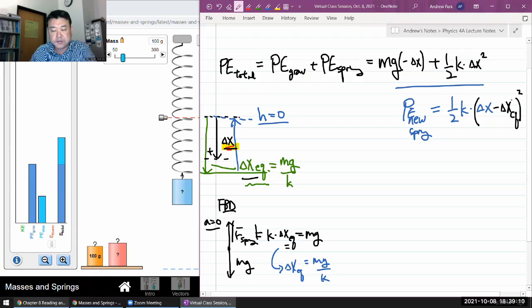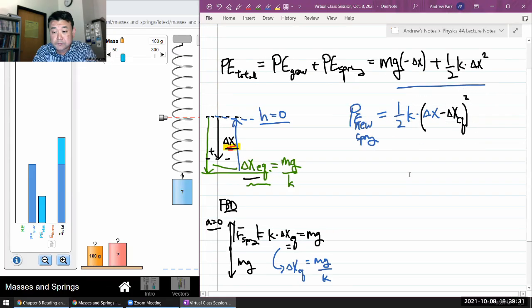And then the square is still there. And we can check that. When we plug in delta x equals delta x equilibrium, then I have delta x equilibrium minus delta x equilibrium, 0, 0 squared, 0. So 0 seems pretty small. So good.